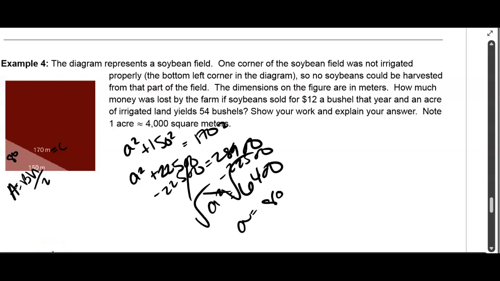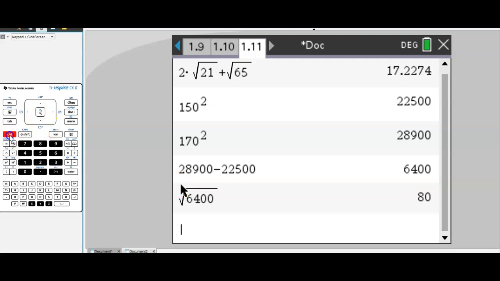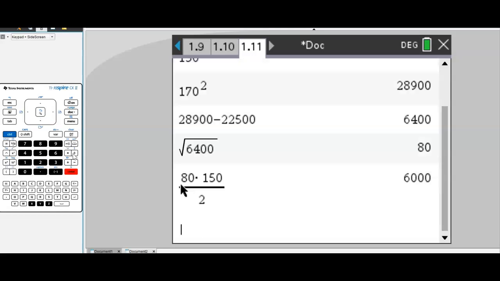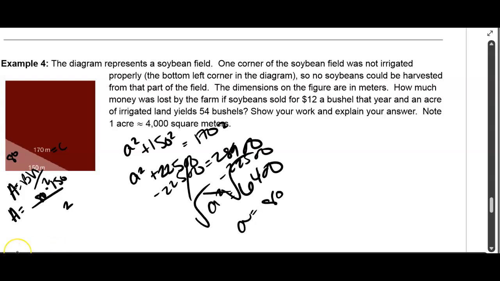So area is that 80 times that 150 divided by 2. So 80 times 150 divided by 2. 6,000. So my area is 6,000. So that tells me 6,000 square meters.